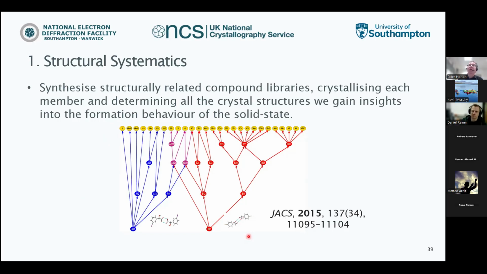Some people want to change one thing and see how the structure changes, and you want to get a library of these, and we can help get the entire library. Sometimes half the crystal structures are easy to find, and for the other half, because there are more complex things going on, we'll be able to look at the samples in the series.